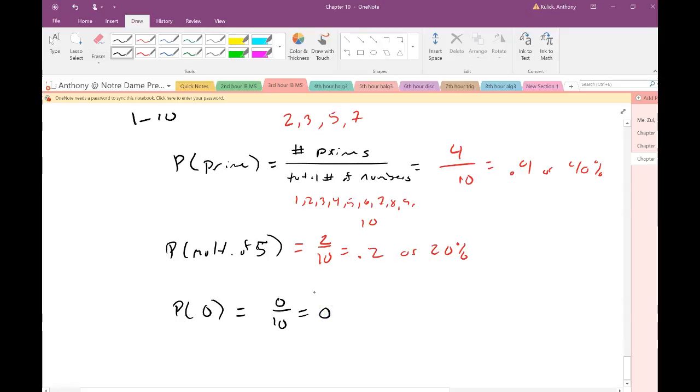Correct. How about the probability that we pick a number from 1 to 10? That's 10 out of 10, or 100%.